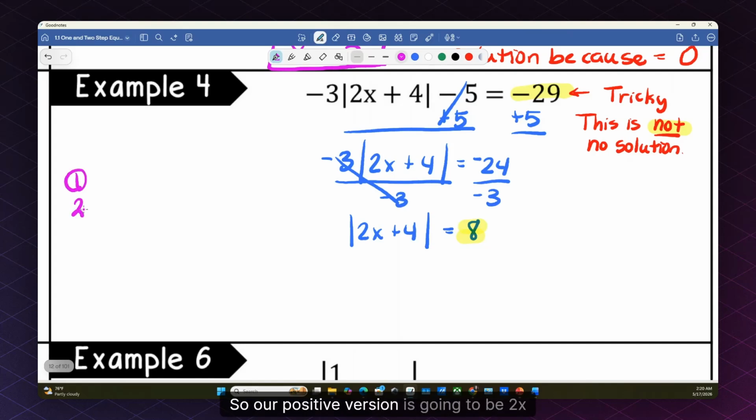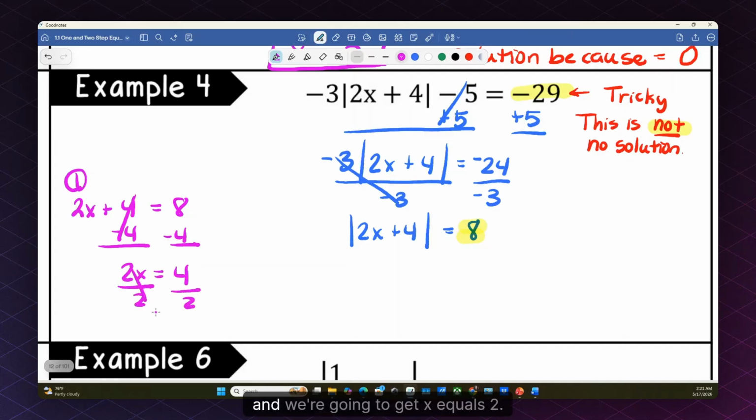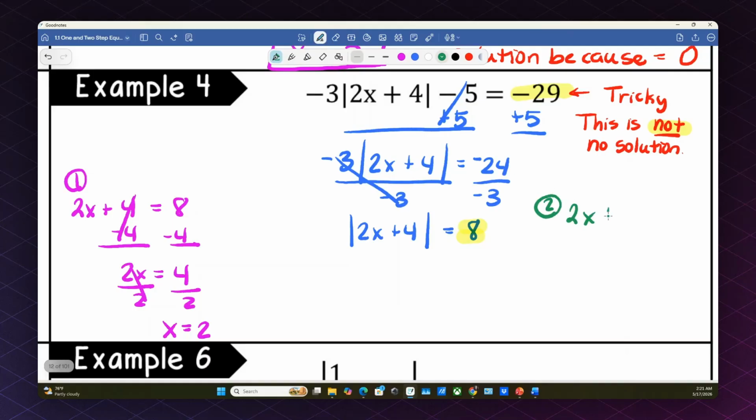So our positive version is going to be 2x plus 4 equals 8. We subtract 4 from both sides, and we get 2x equals 4. We divide by 2 and divide by 2, and we're going to get x equals 2. Okay, let's try our negative version of this. So our negative version, we've got 2x plus 4 equals negative 8.